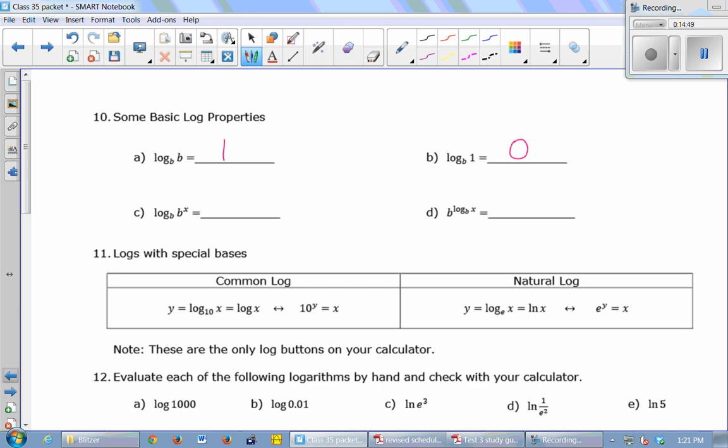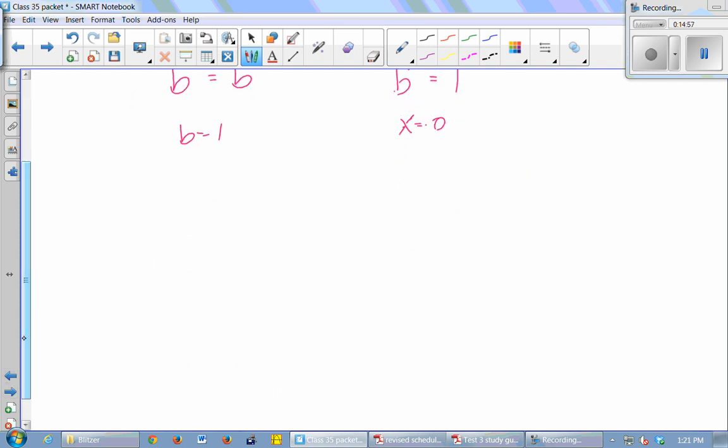All right, how about log base b of b to the x? Yes. So x has to be, let's write it out. Log base b of b to the x equals what, right? I'm using a question mark instead of an x because there's already an x in there. All right, so this says b to the question mark equals b to the x.